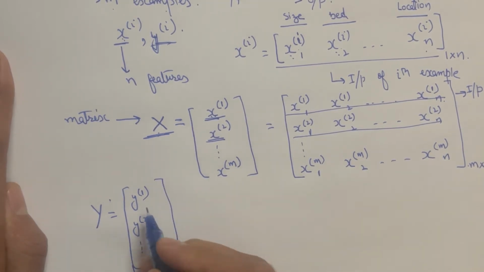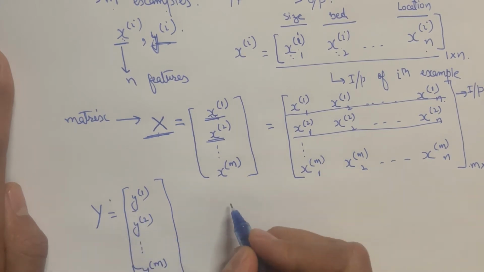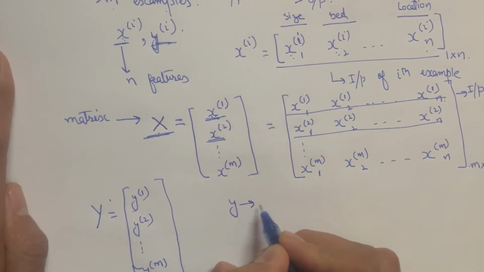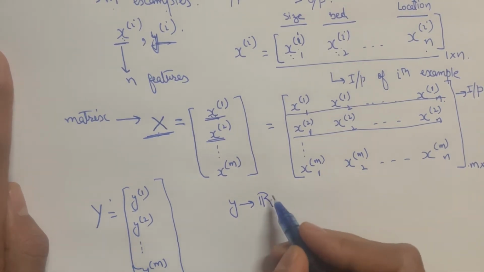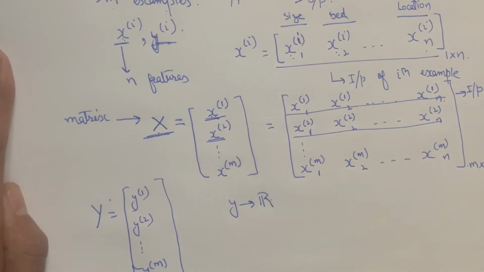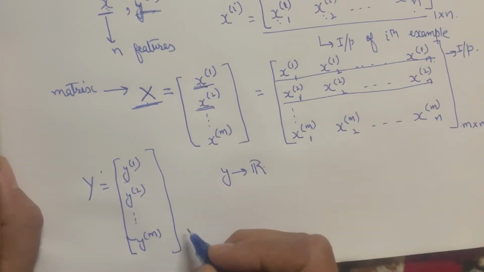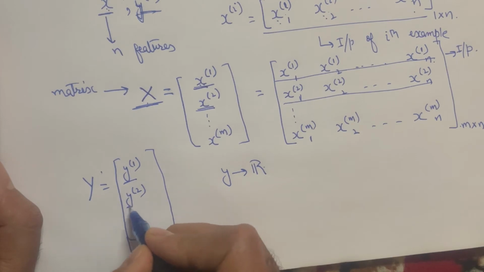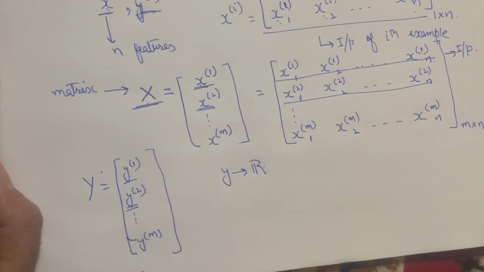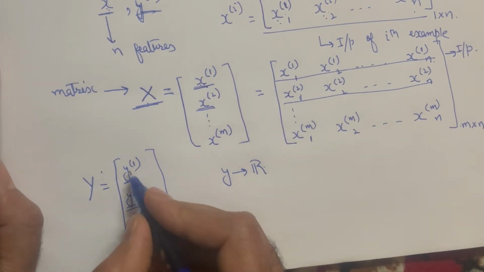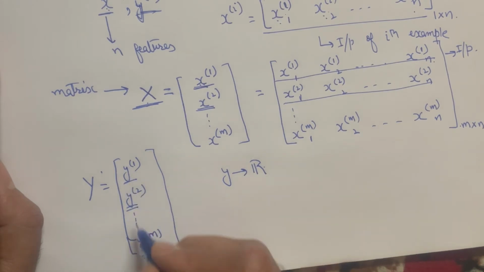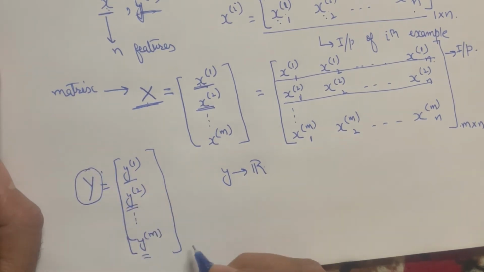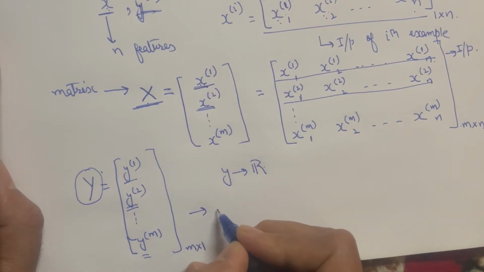Okay, and we know that every y is an integer, or we can say it is a single dimensional entity. So since every y is a single dimension entity, the size of this particular matrix, this y, will be m cross 1. We will also say that it will be a column vector.